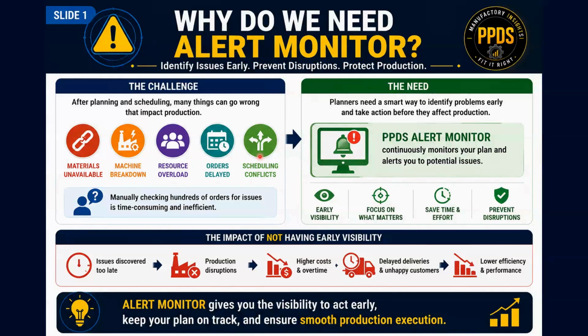Would you manually check every production order? That is almost impossible. Instead, SAP automatically identifies these issues and presents them in one place. That place is called the PPDS Alert Monitor. Think of it as a dashboard that tells planners, these are all the orders that need your attention.